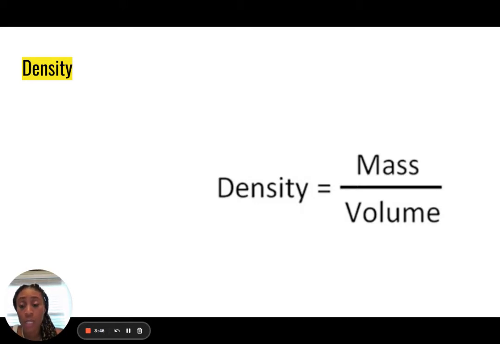But the ping pong ball is less dense than the water, so it floats to the top, right? When it's less dense, the particles are further apart, and that means it will float. If it's more dense, the particles are closely packed and it will sink, right? So it just depends on what is lighter or what is heavier. In this case, with the three examples, you find the ping pong ball is the lightest, then the water, then the golf ball.